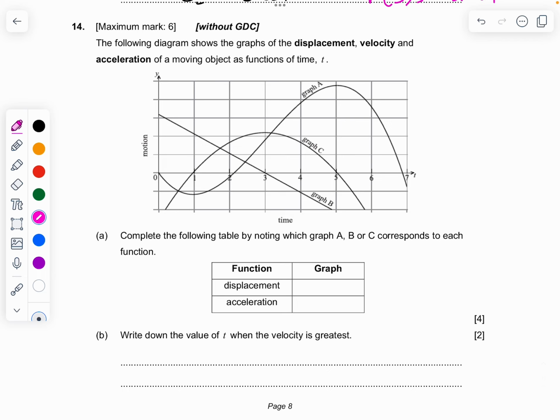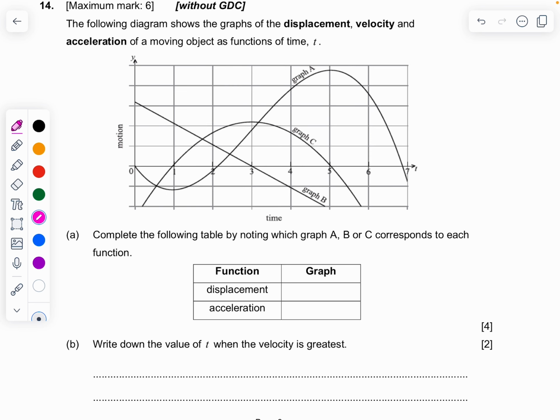Question number 14. The following diagram shows the graph of displacement, velocity, and acceleration of a moving object. Complete the following table by noting which graph, A, B, or C, corresponds to each function. So which is displacement, which is velocity, and which is acceleration. For graph A, you can see that this is a negative slope, this is zero slope, and this is a positive slope.